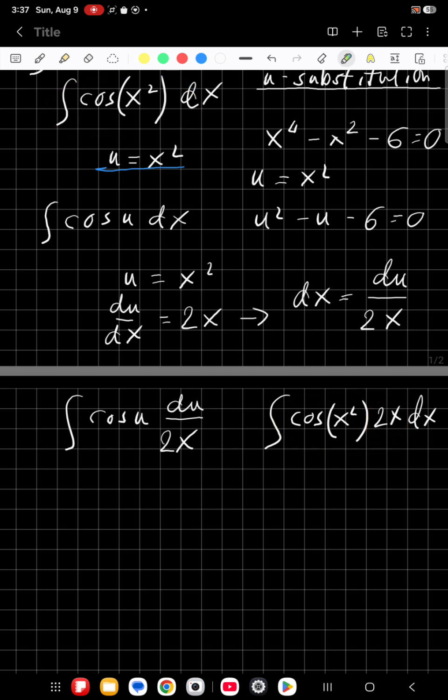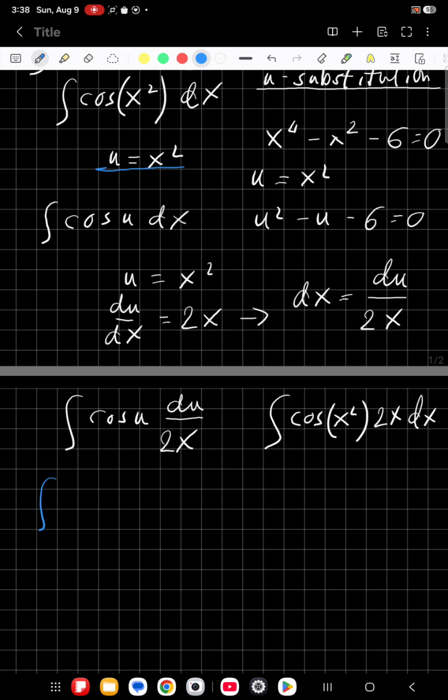And we need that 2x because when I go about this whole business of u substitution the way I did it here, I will end up with 2x in the denominator, and that 2x in the denominator will cancel this 2x. So let me summarize what I said. We have two functions.